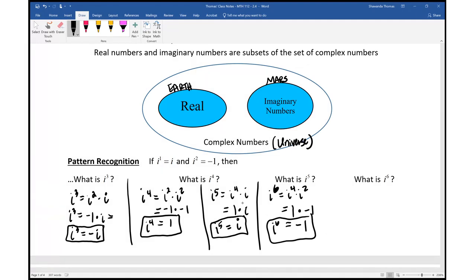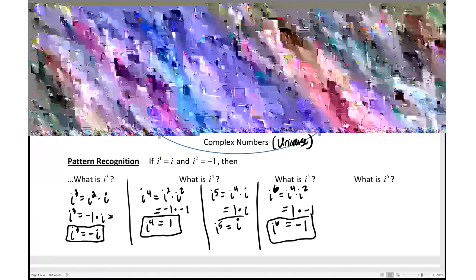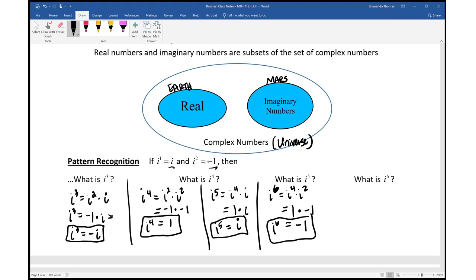Now what's going to happen is that this is going to repeat itself every fourth cycle. So for example, we started with i, negative 1, negative i, 1. Then it started back over: i, negative 1.